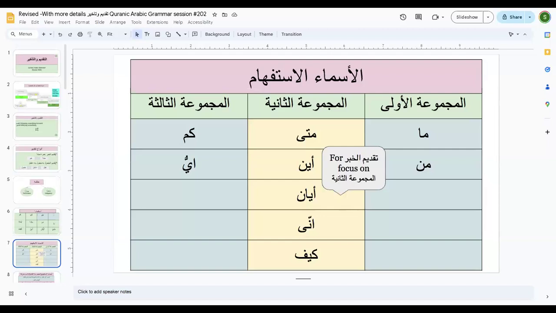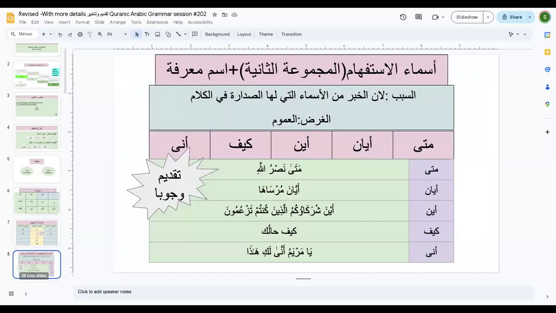We were focusing on the second column, whose words we are going to encounter in jumla ismiya, and you are going to see them in the beginning. The taqdeem in this case of Mata, Aina, Ayana, Anna, Kaifa is going to be wajib, for the reason that they are asmaul istifham for which there is sadaratul kalam.